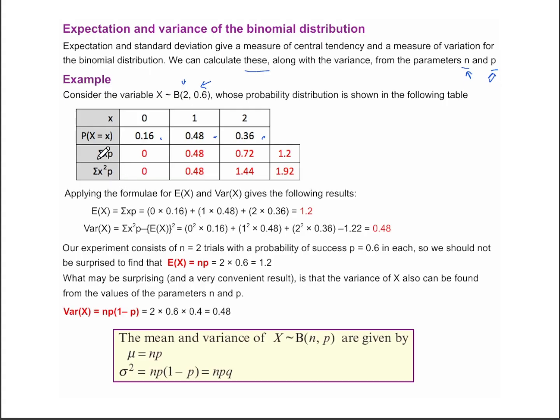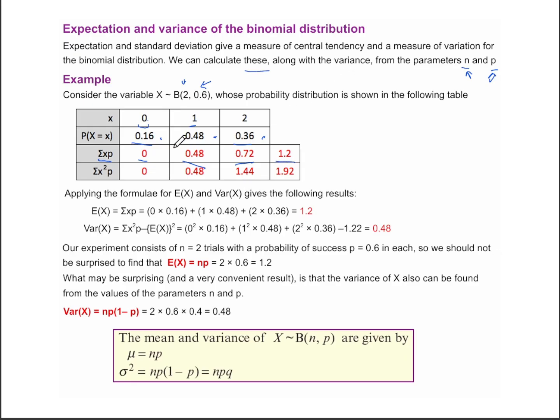Then for the sum of the random variable times its probability, we can first find the random variable times its probability, and for 0, it's going to be 0 times 0.16, which is 0. For 1, it's going to be 1 times 0.48, which is 0.48. For 2, it's going to be 2 times 0.36, which is 0.72. And adding all of them up, you'll get 1.2.